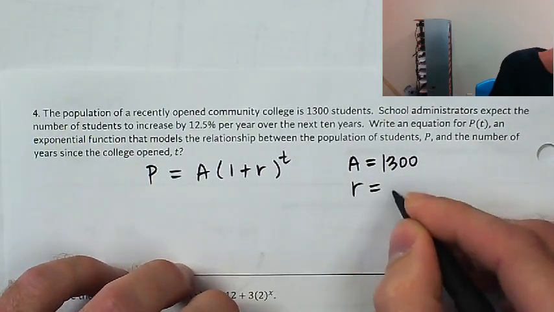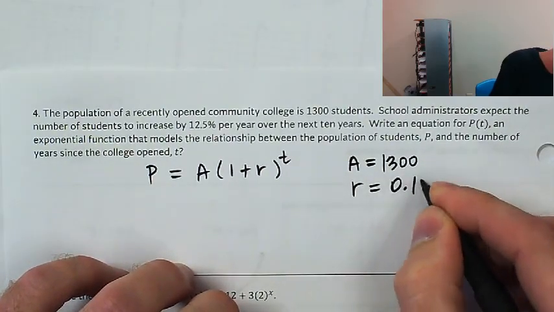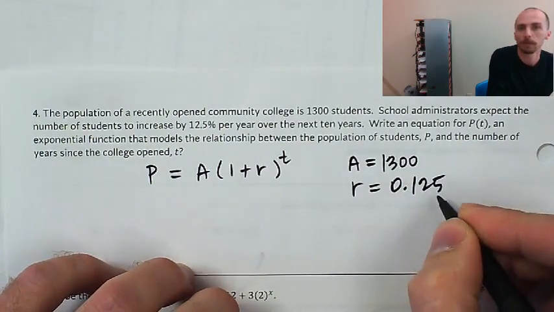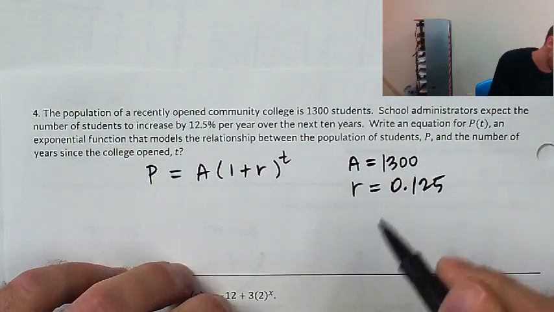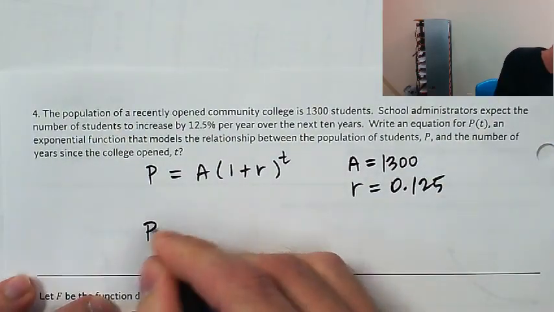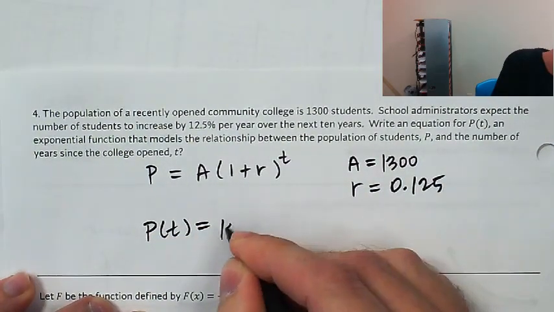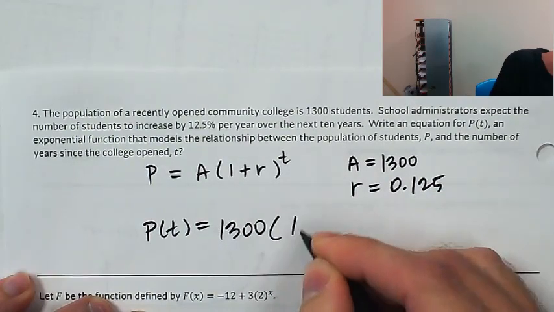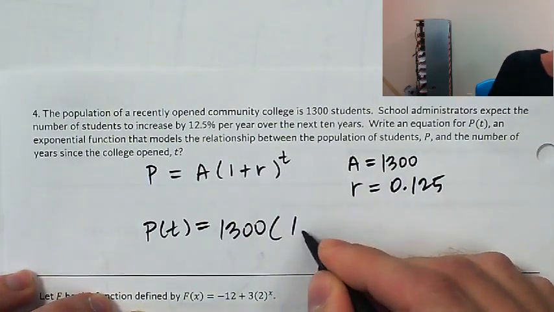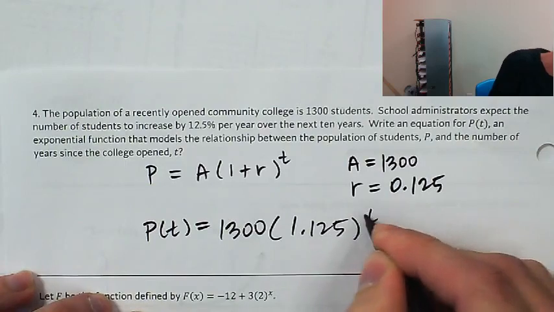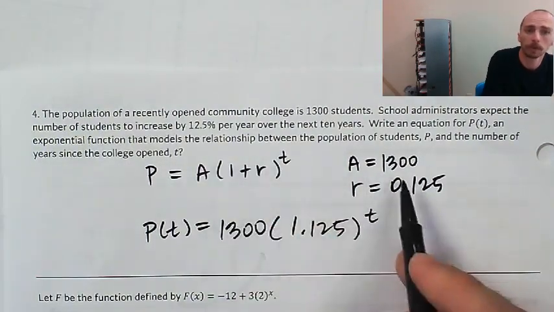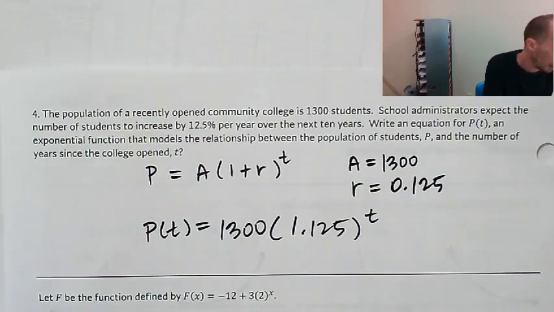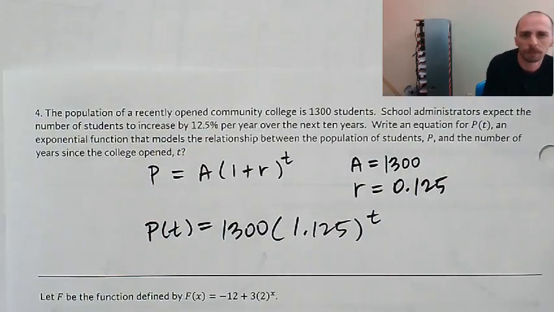R is the percent growth rate, which is 0.125. That's 12.5%. Right? Move the decimal over twice. And that's all I need. Yeah, p of t is equal to 1,300 times 1 plus 0.125, so 1.125 to the t. Honestly, in my class, I'm okay if you would leave it as 1 plus 0.125 to the t. Either way, it's the same thing.